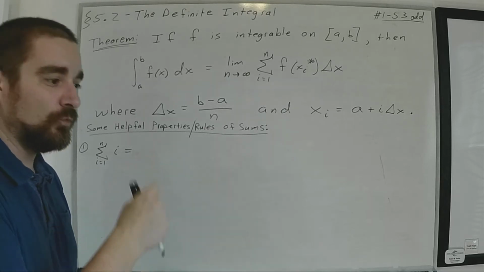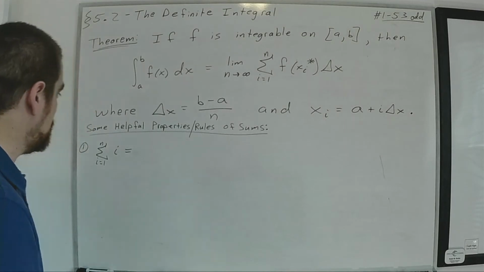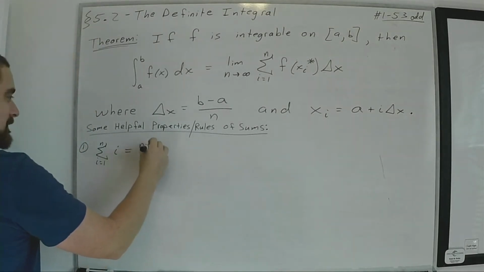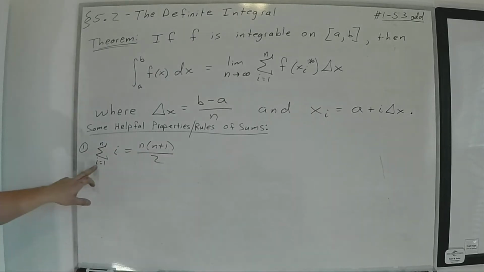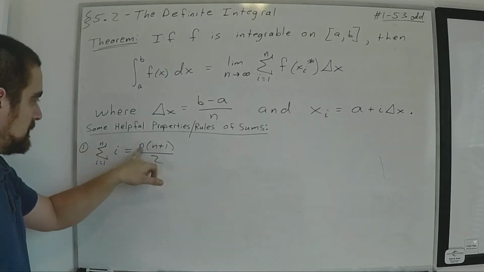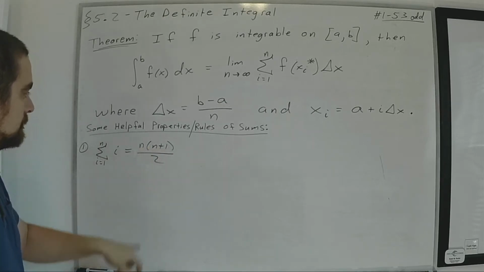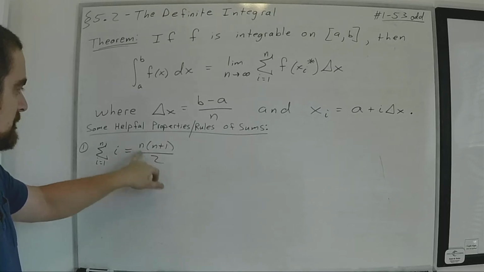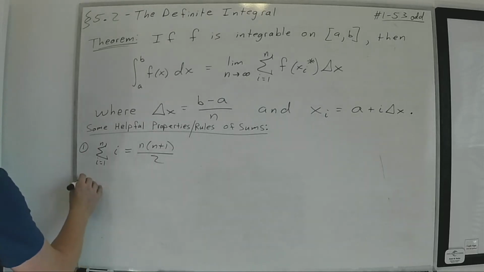You'd have to sit there and do 1 plus 2 plus 3 plus 4 plus 5 all the way up to plus 100. Well, rather than do that, we can just use a really nice formula. If I want to sum the numbers from 1 to 100, all I have to do is take the number 100, plug it in: 100 times (100 plus 1), divided by 2. So 100 divided by 2 would be 50 times 101. It makes things just a little bit simpler as far as the computation goes.